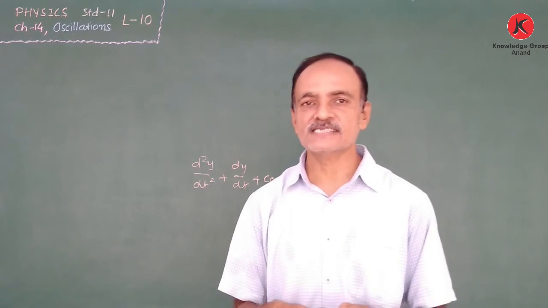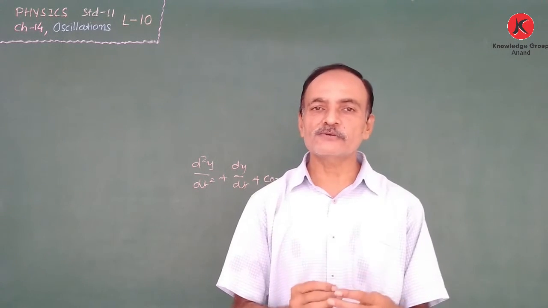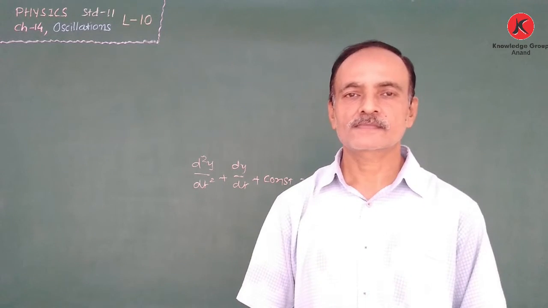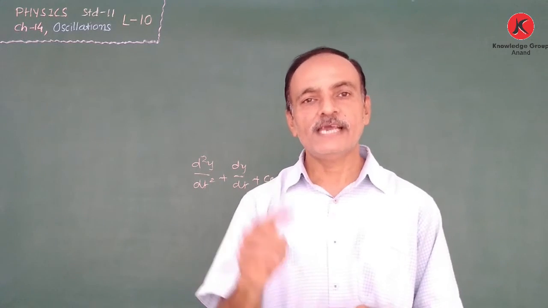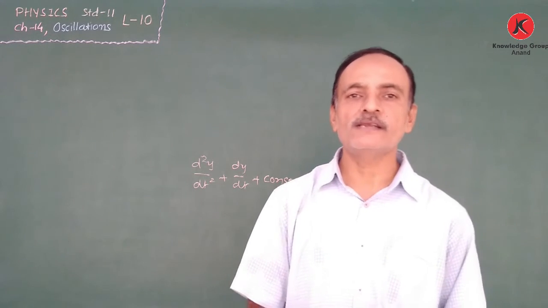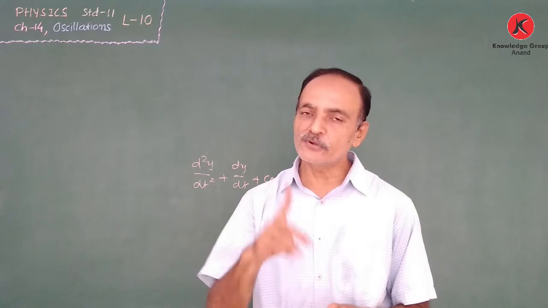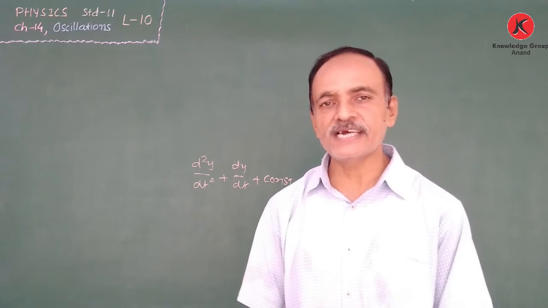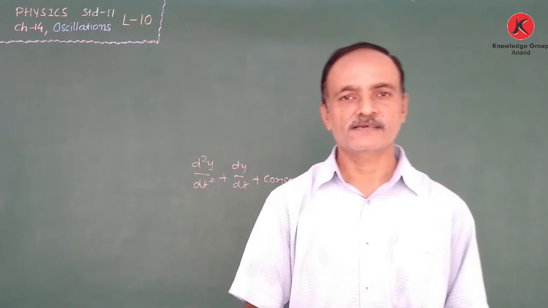But after 5 or 10 oscillations, its displacement decreases and at last it stops. What is the reason? Because the oscillation of the swing takes place in a medium. The medium applies a resistive force on the oscillating system, and due to this resistive force the amplitude decreases. Such oscillations are known as damped oscillation.